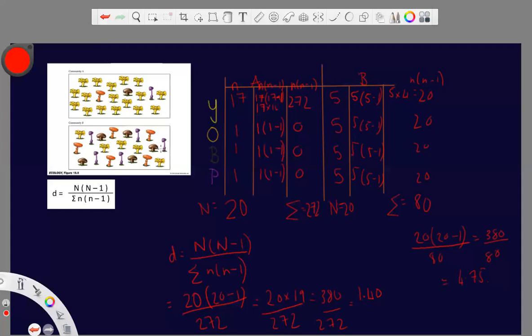You can see that there is good species evenness here, so there's equal numbers of each type of species. Whereas in this one over here, you've got dominance of one particular species, so you have much less diversity here. By looking at these pictures, obviously we could tell that, but these numbers confirm it.